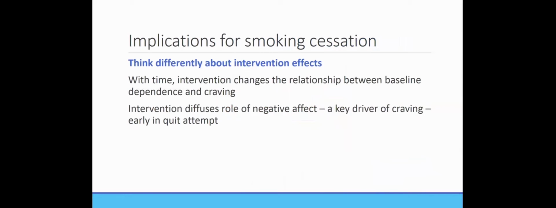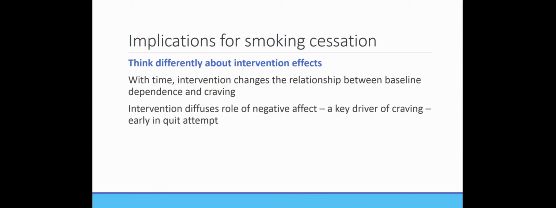So, the implications we drew from this first study. One thing that I like to focus on is that this shows how we can use TVEM to think differently about intervention effects. With time, intervention can change relationships between variables.